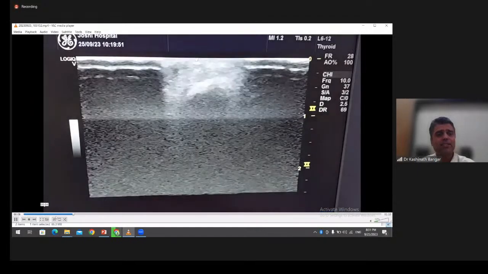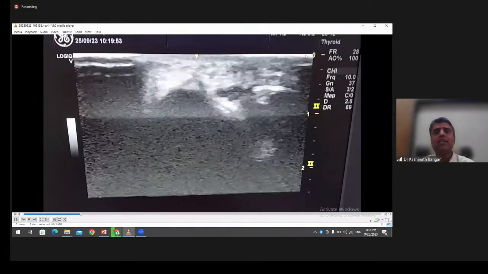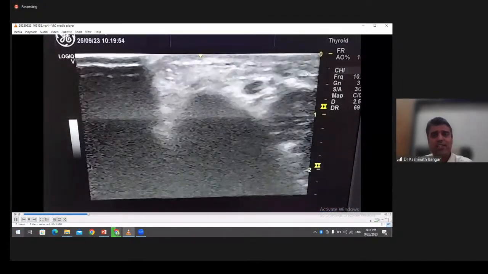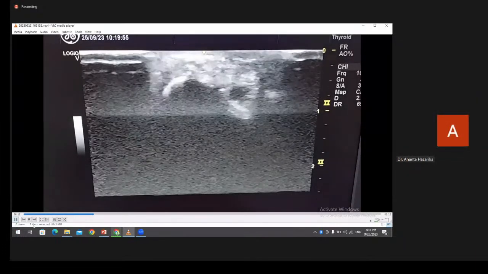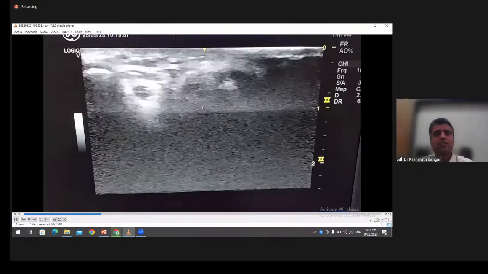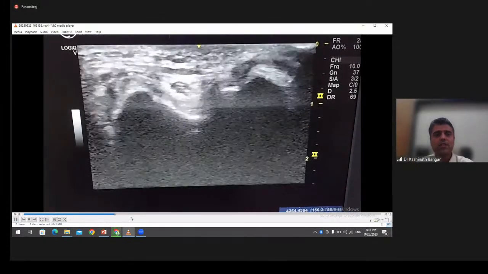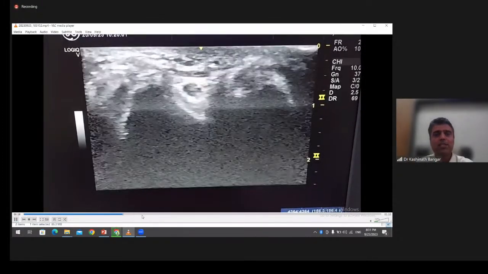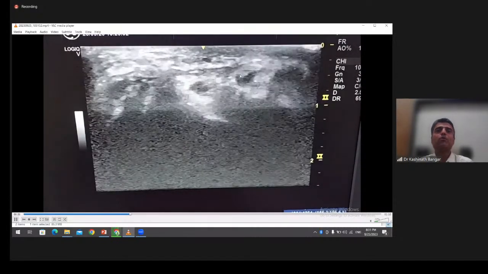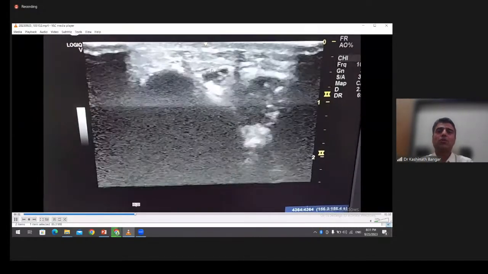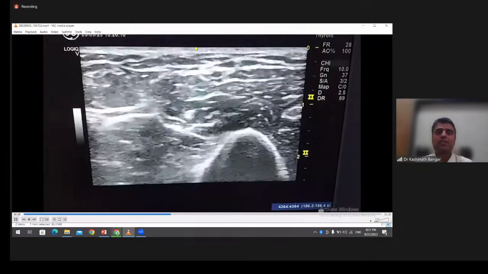By the way, this is a site for the injection for the cubital tunnel. And when we press it, you can see the ulnar nerve nicely. Now we'll go more proximally. As we go more proximally, the ulnar nerve goes and sits on top of the triceps muscle.